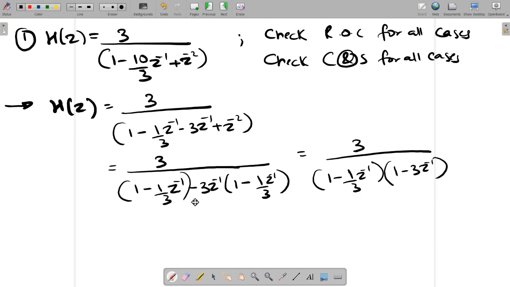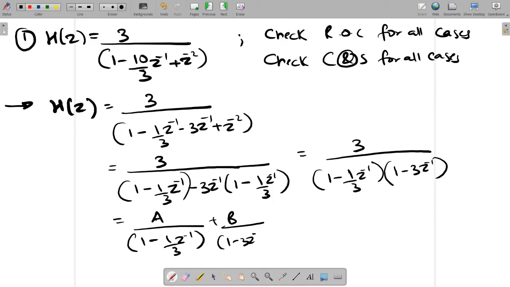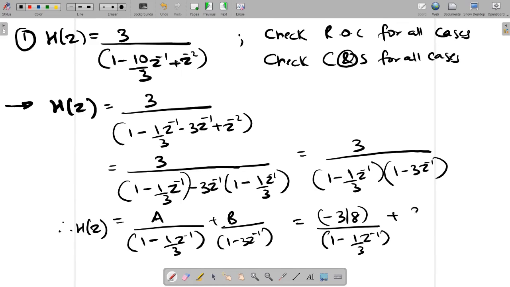Right? Okay, so take the partial fractions, you will get A upon 1 minus 1 by 3 z inverse plus B upon 1 minus 3 z inverse. Okay, please do the A and B part. You will get A as minus 3 by 8, 1 upon 1 minus 1 by 3 z inverse, plus 27 by 8, 1 upon 1 minus 3 z inverse.